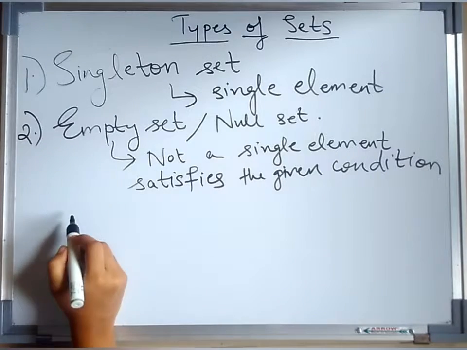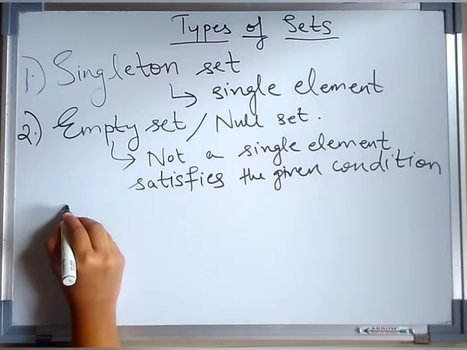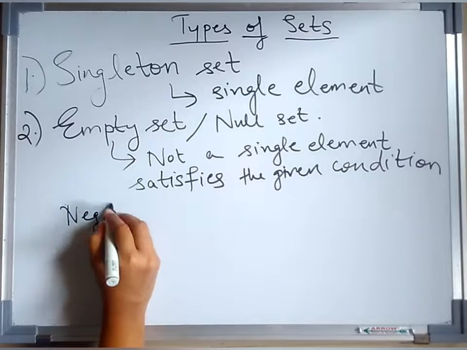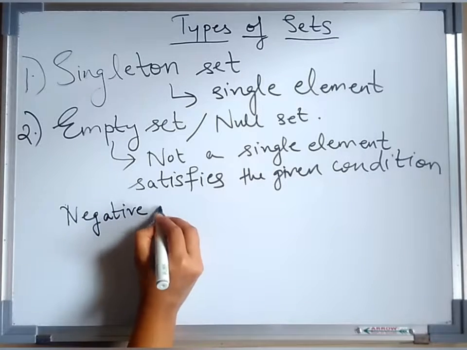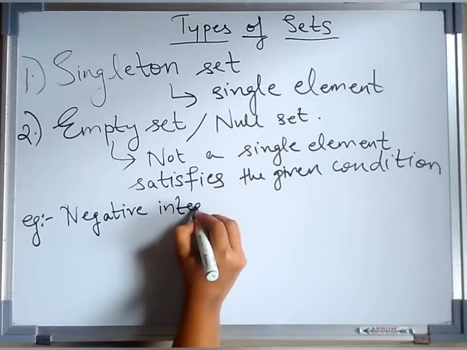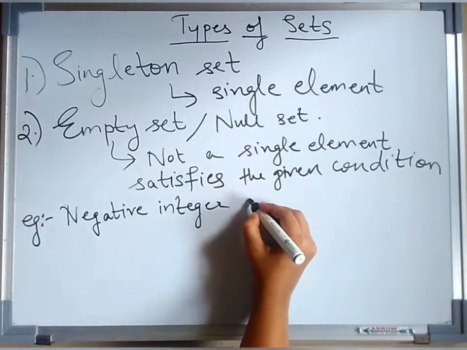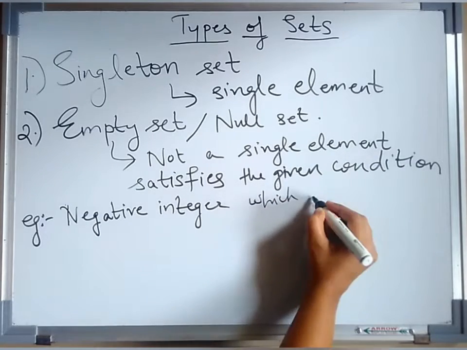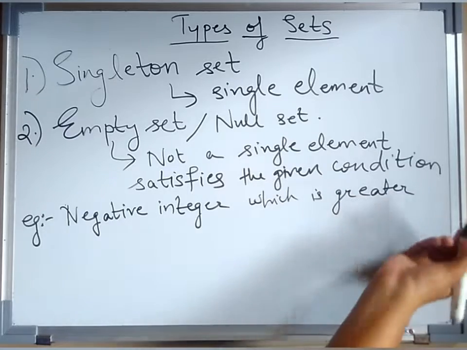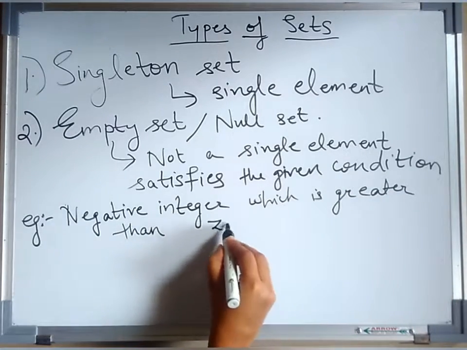For example, consider a set of negative integers which are greater than 0.